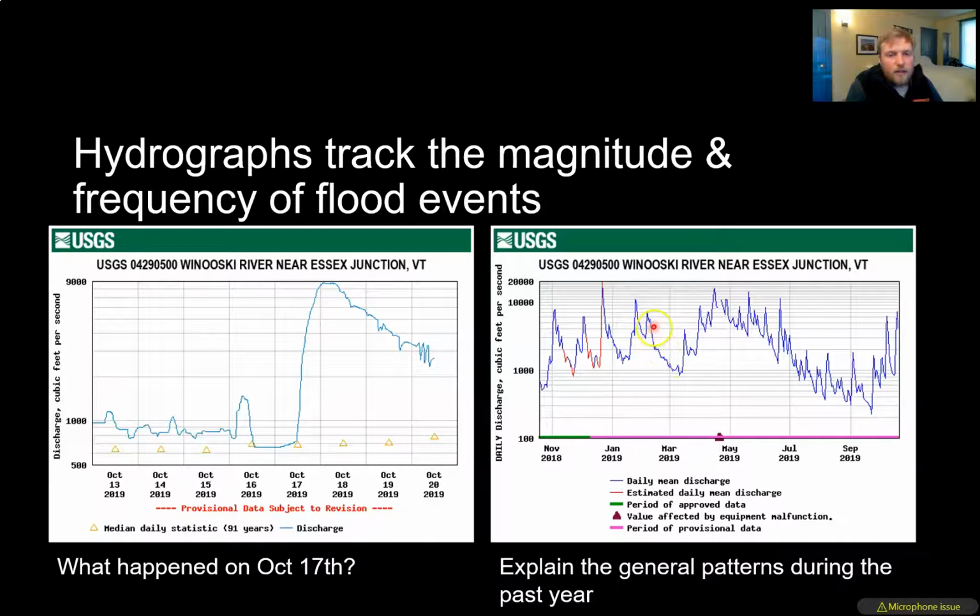And then it gets low and low and low through the winter. And then you have a broad period of high discharge because all of the snow in the Green Mountains is melting away. And that leads to just generally higher stream flow conditions. And then it eventually peters out towards the end of September.